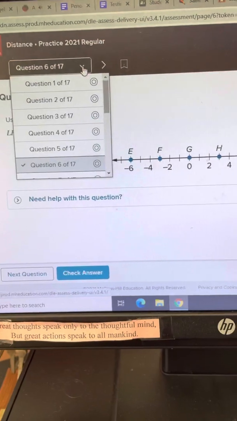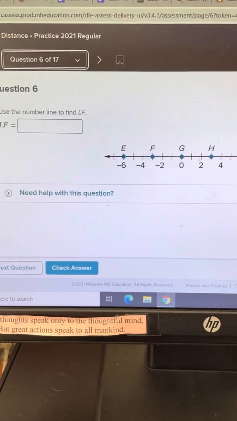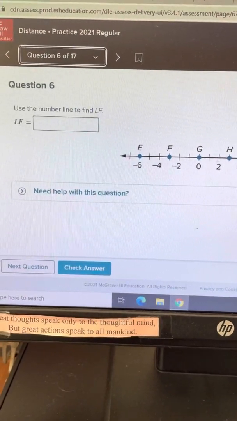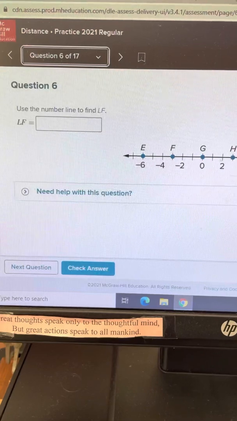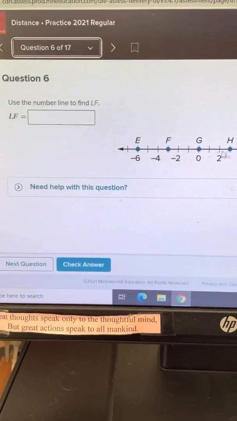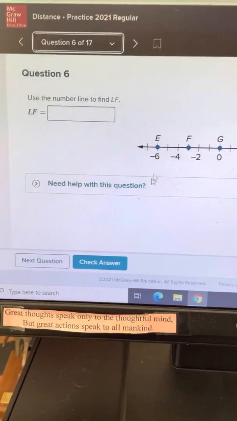They're trying to see if you understand the distance between, even if you're going forwards or backwards on a number line, you're just trying to find how long that is. So you're just counting the units in between those.